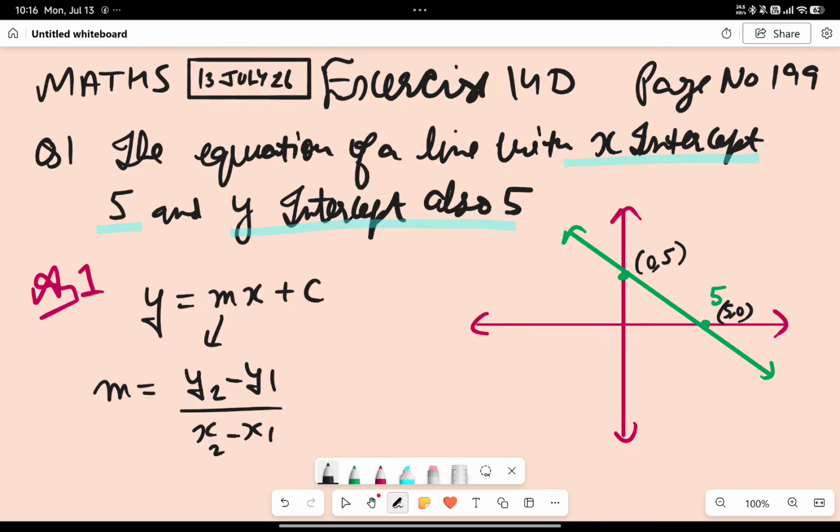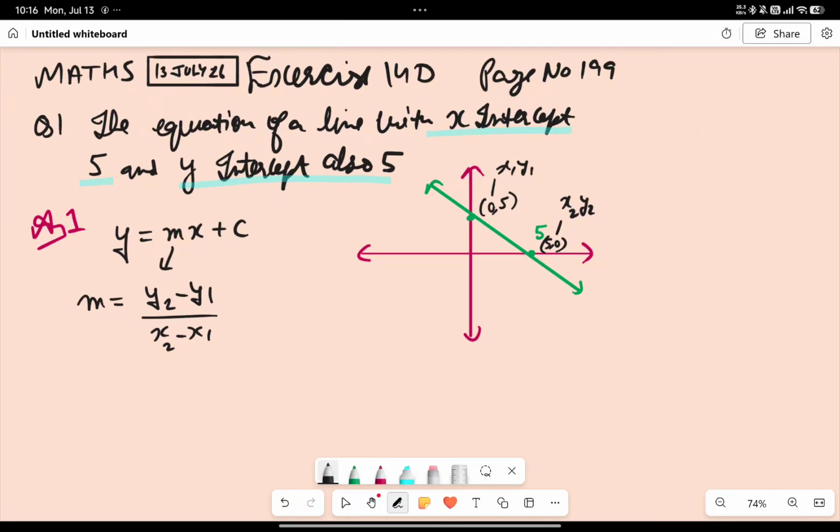Let us take this as x1, y1 and this as x2, y2. Now applying the formula, y2 is 0 minus y1 is 5, over x2 is 5 minus 0.